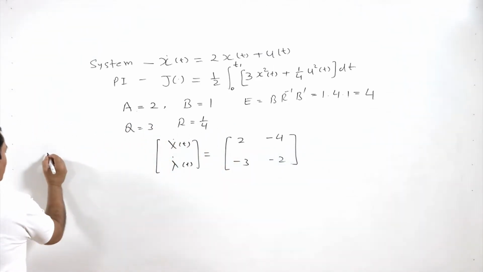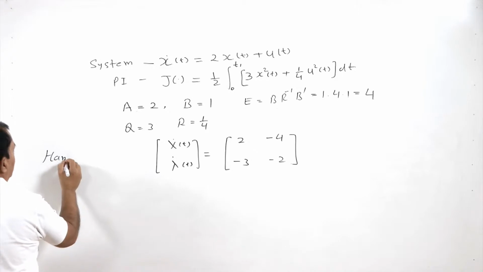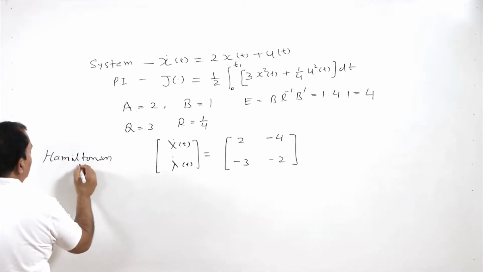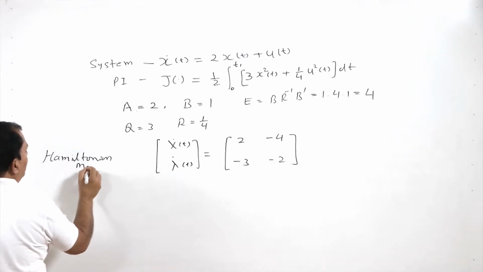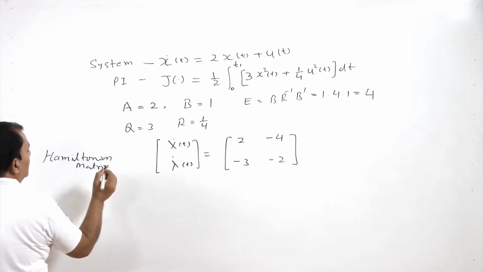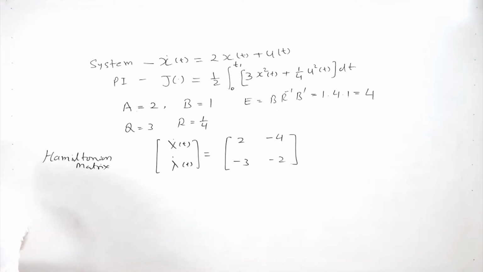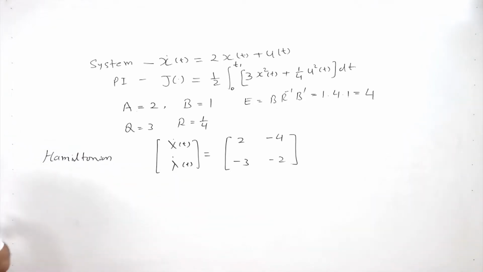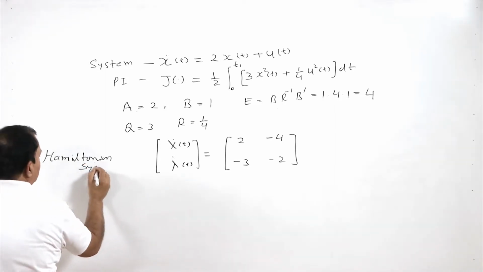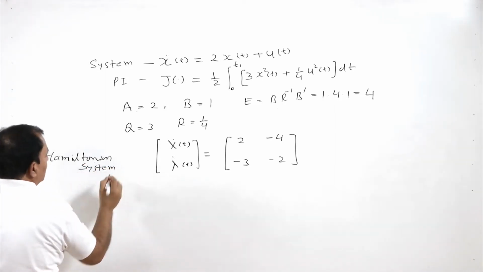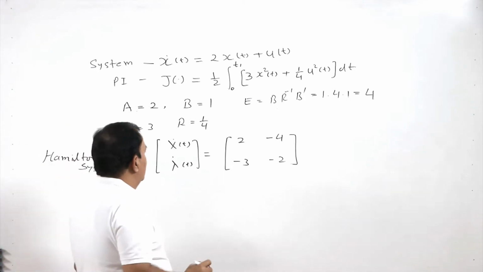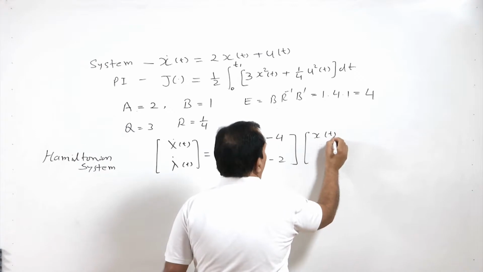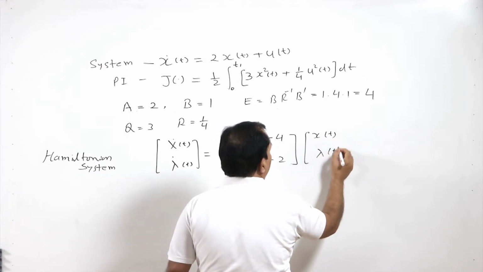This is my Hamiltonian system, or Hamiltonian matrix, which we call delta, multiplied with x(t), lambda(t).